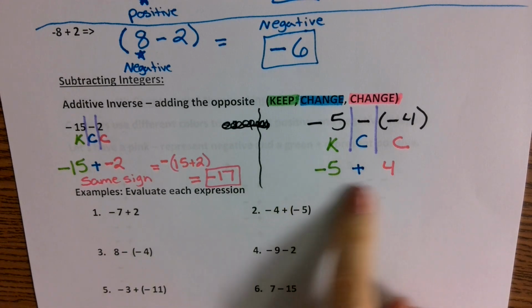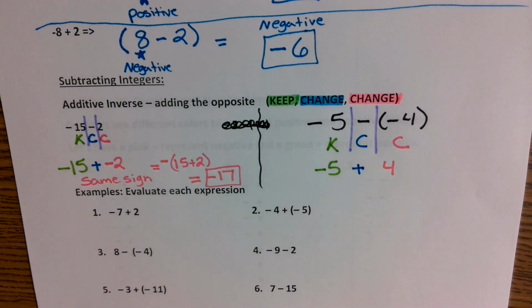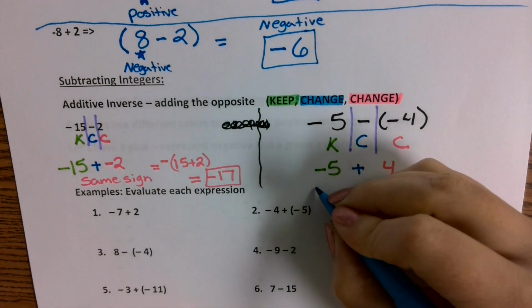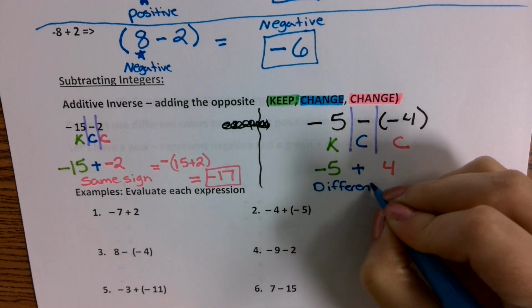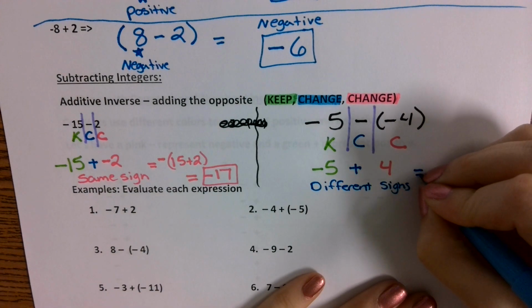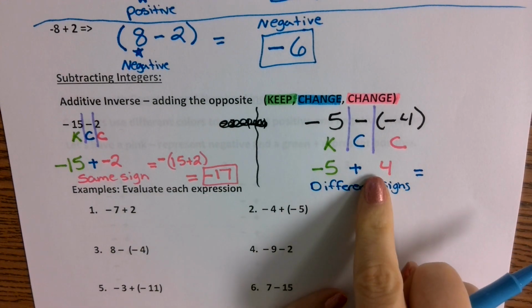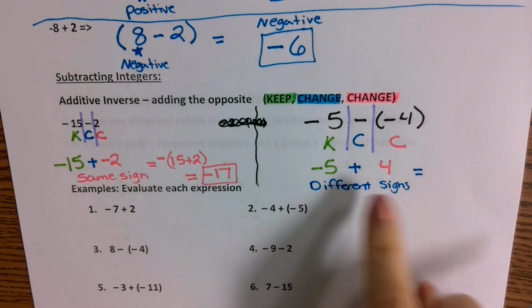Okay, so it's an addition problem now. Are these same signs or different signs? Different. These are different signs. So because they are different signs, I'm going to follow my different signs rule. That means I'm going to actually subtract them and keep the sign of the larger base.